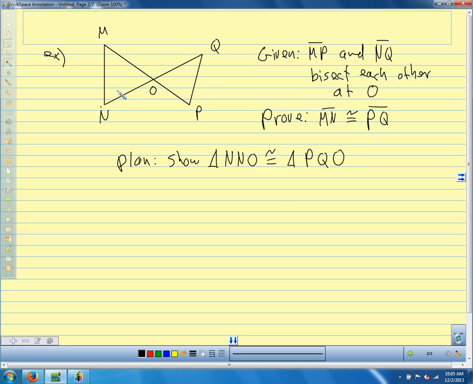If I can show that those two triangles are congruent, that would guarantee me that these corresponding parts, segment MN and segment PQ, are congruent. We're going to show that those triangles are congruent, and then we're going to use CPCTC.